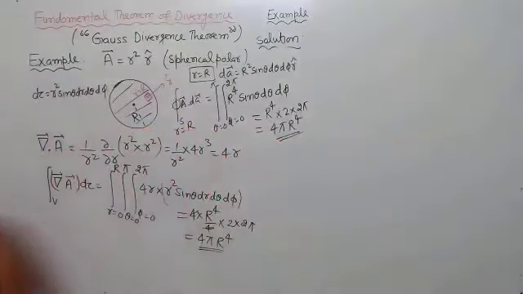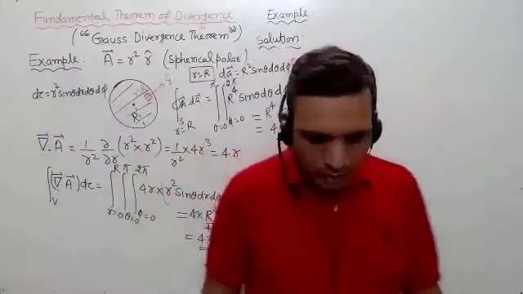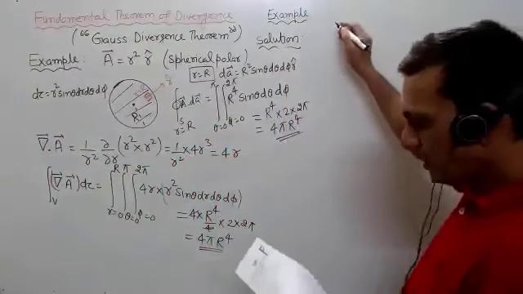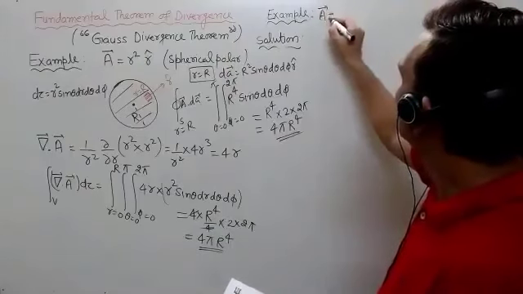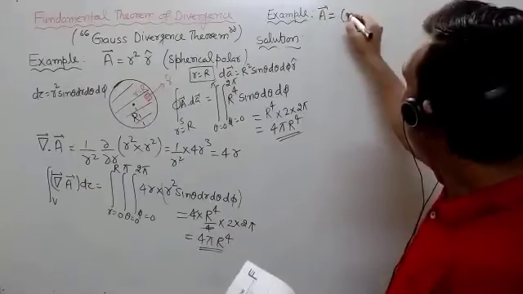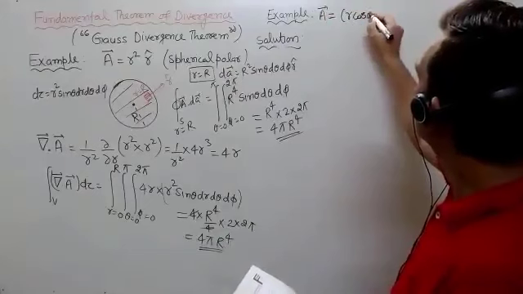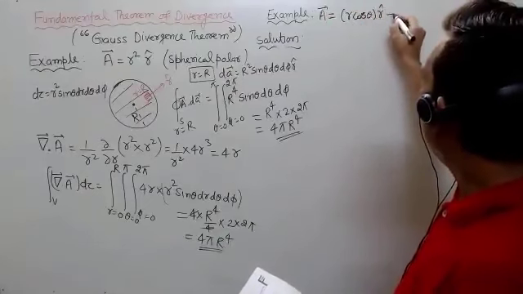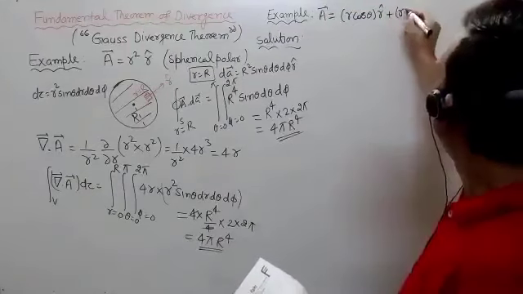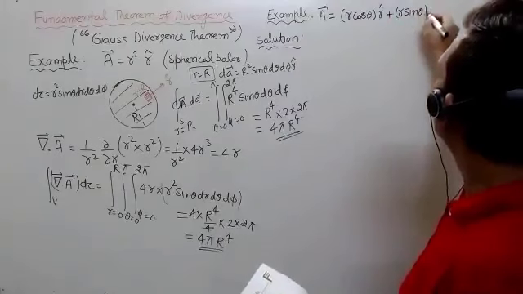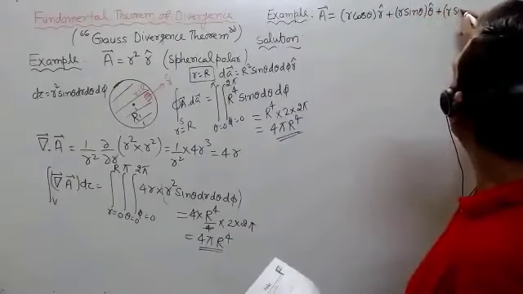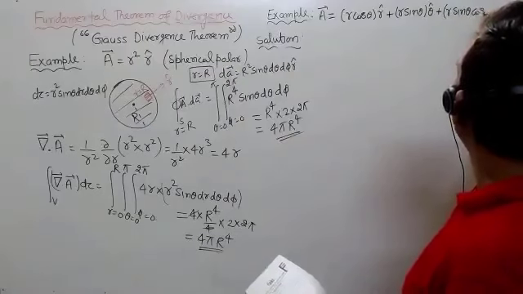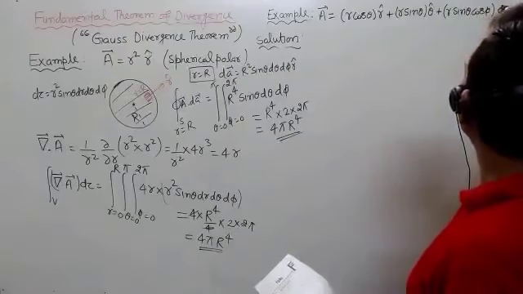Let us see another example, again in spherical polar coordinates. In this case, vector A is given as r cos theta r cap plus r sin theta theta cap plus r sin theta cos phi phi cap.